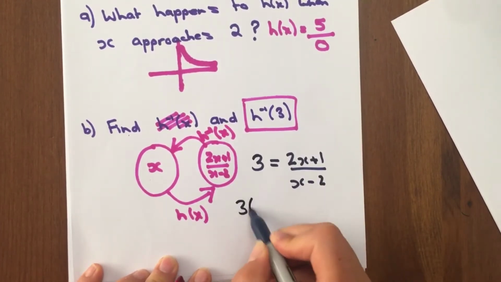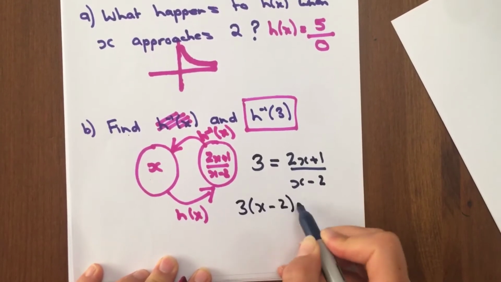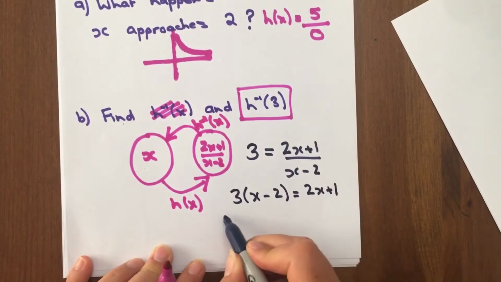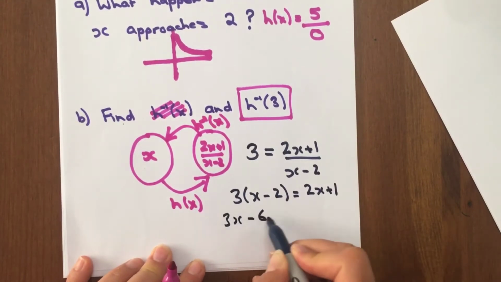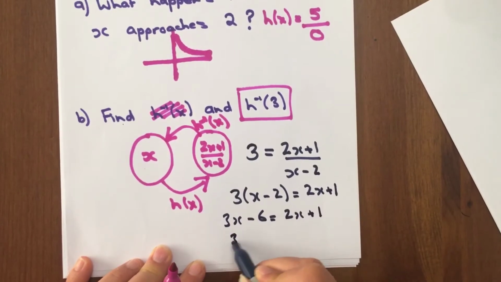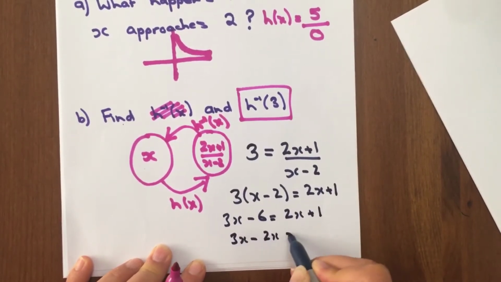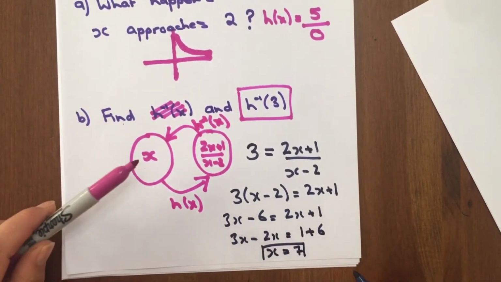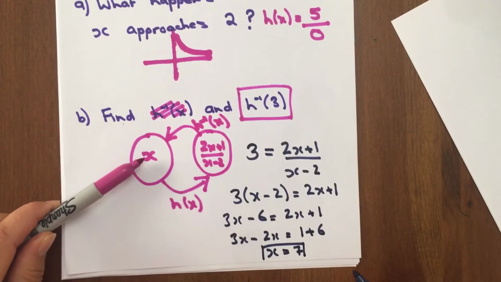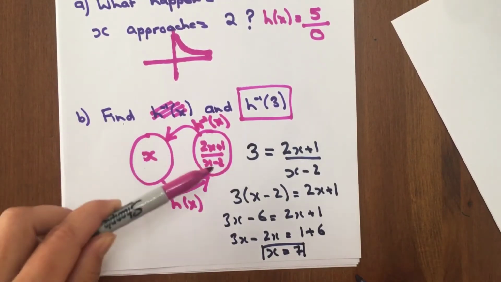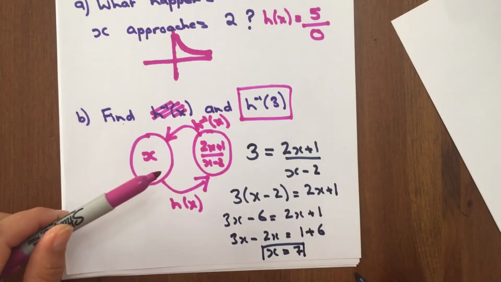So if I take x minus 2 to the other side, I get this. I'm just going to solve now, multiply out. I get this. And then 3x minus 2x is 1 plus 6. So x is 7. So if I put 7 into this function, I will get an answer of 3.